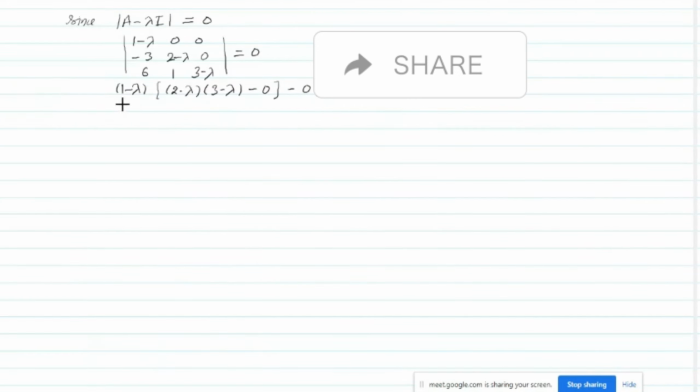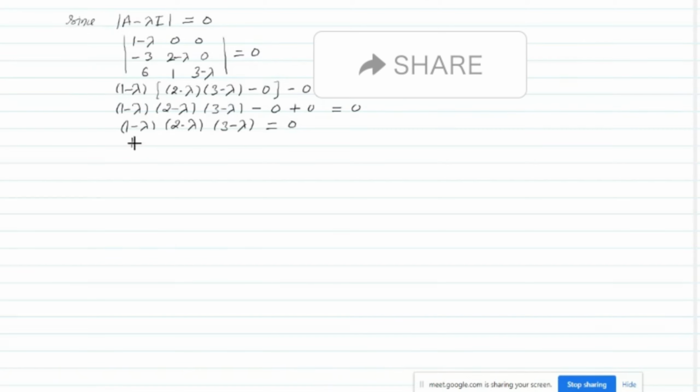So you will get 1 minus lambda, 2 minus lambda, 3 minus lambda, and this is equal to 0.